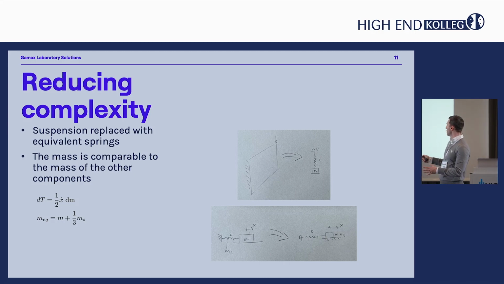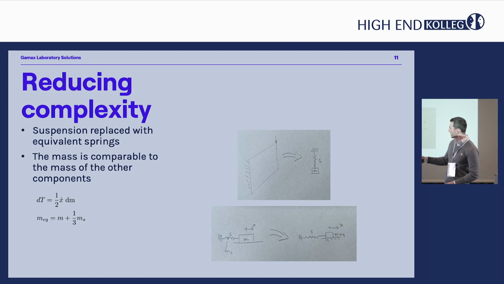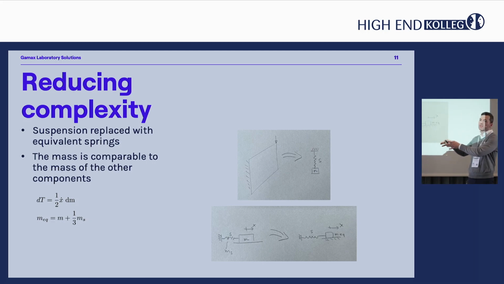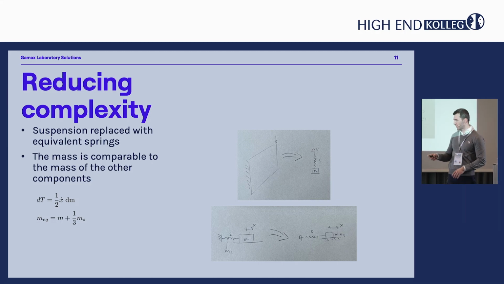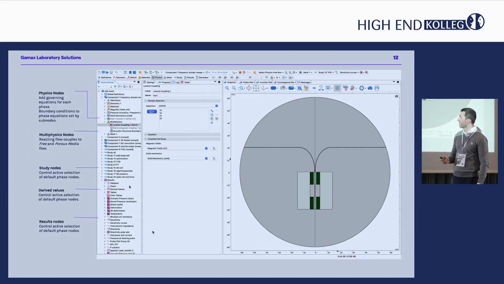We assume that the equivalent system has the same kinetic energy as the original one, and with simple calculations we can show that if we take 1/3 of the suspension's mass and add it to the full system, then the two systems will be equivalent in the sense of kinetic energy. So this assumption is valid.